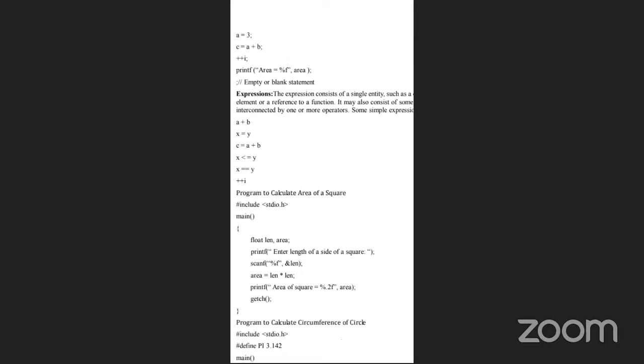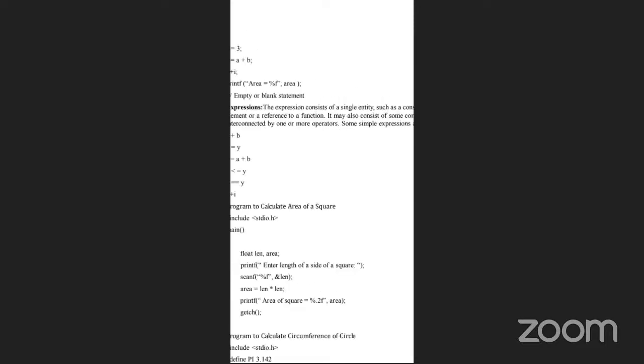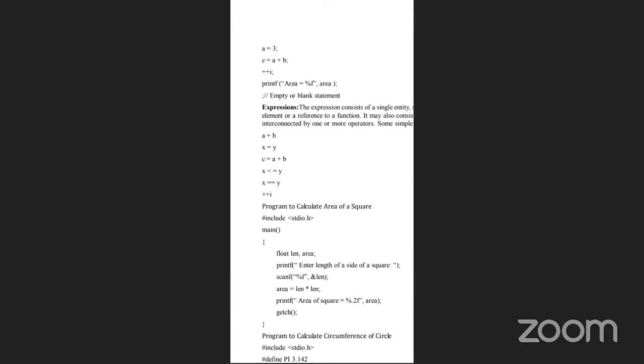An expression consists of a single entity, which is a constant, a variable, an array element or a reference to a function. It may consist of combinations of such entities. For example, c = a + b, x <= y, x = y + 1.